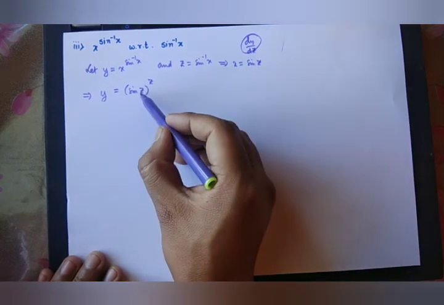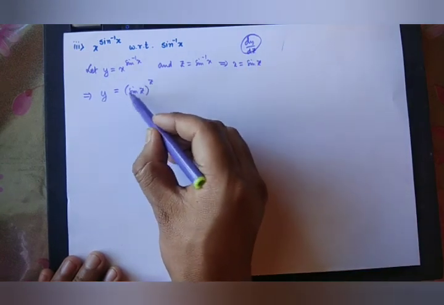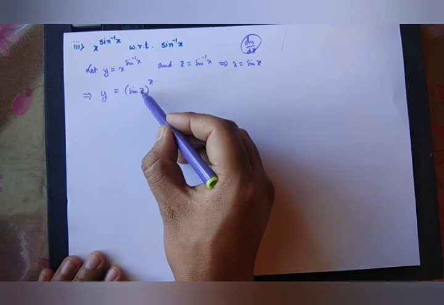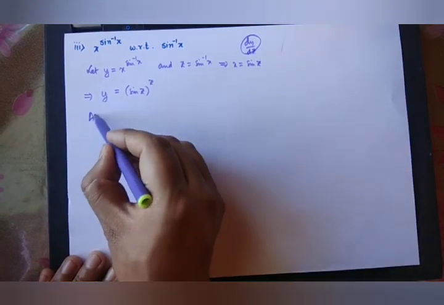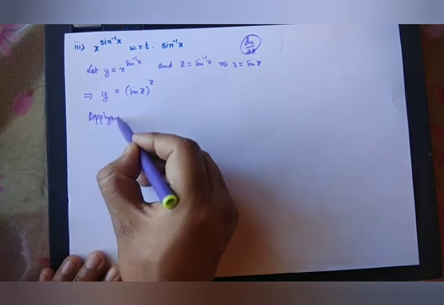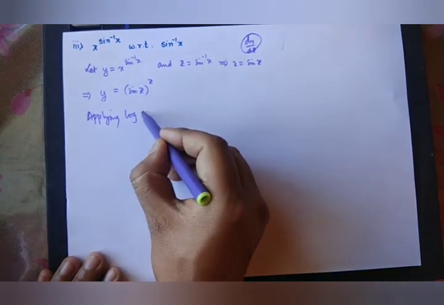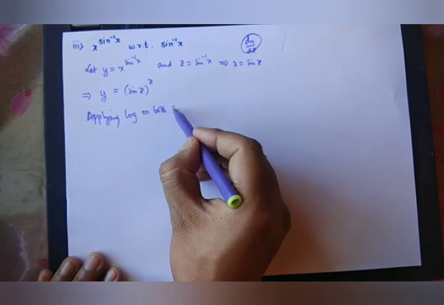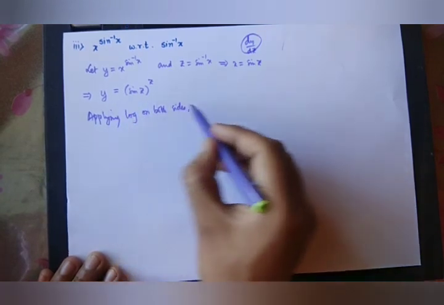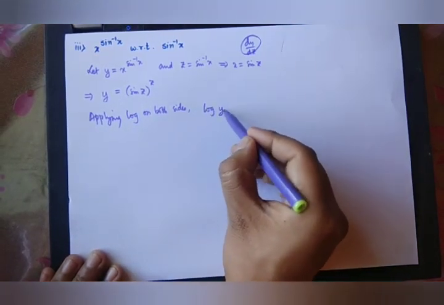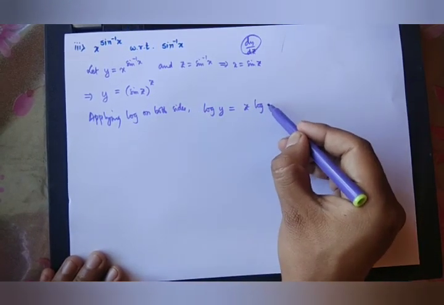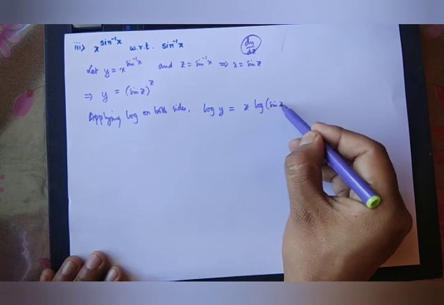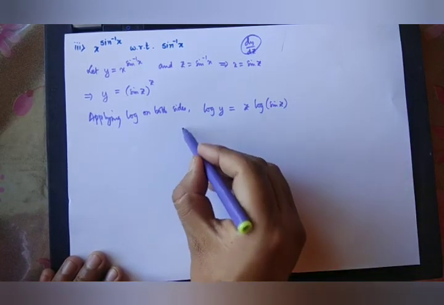But here both the power and the base contain the variable z, so we have to go for logarithmic differentiation. Applying log on both sides, we see that log y is equal to z times log of sine z.